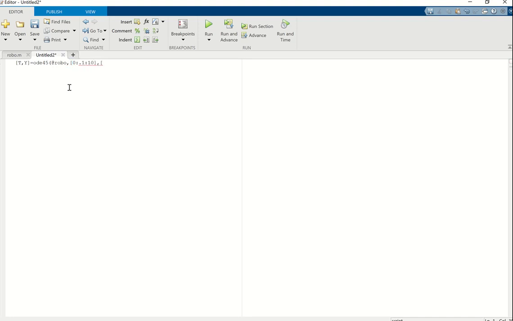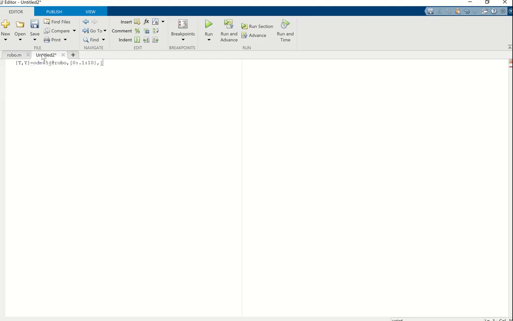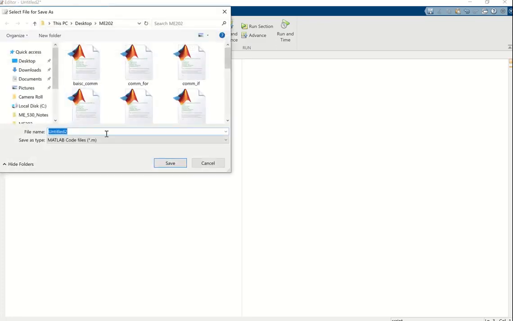And you have four state variables, so you have to have 4 initial values, 0, 0, 0, 0. Got it? You can type this here. Now you can save it as, I don't know, solver of 1 degree of freedom robo.